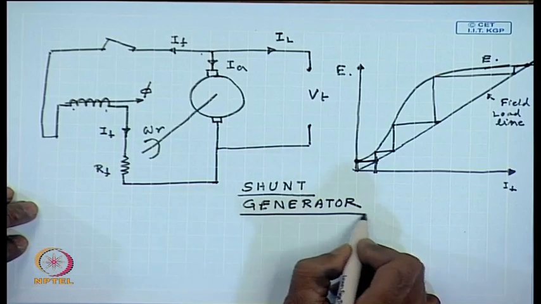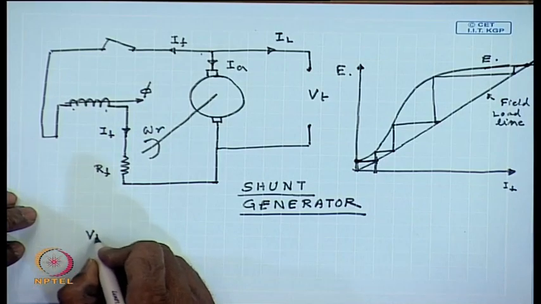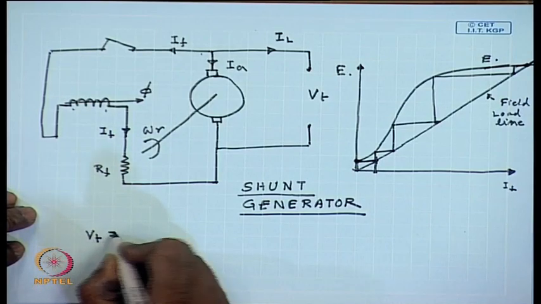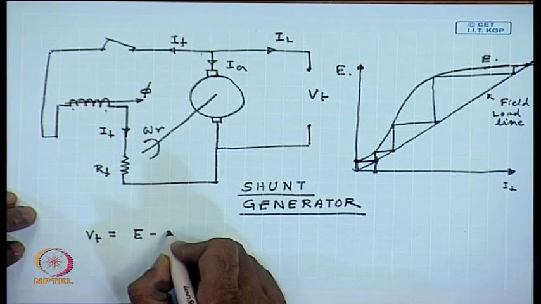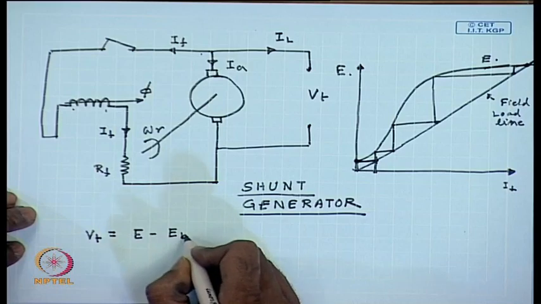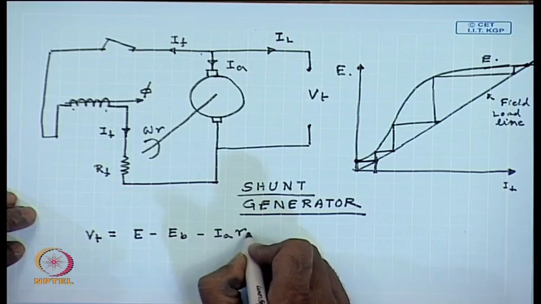For this shunt generator, then we can write V t equal to E minus E b, which is the brush contact drop, minus I a R a.